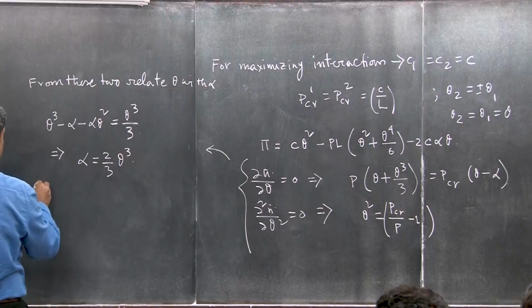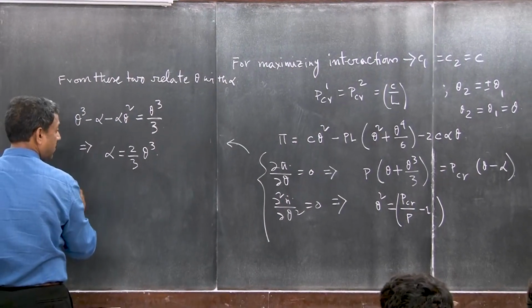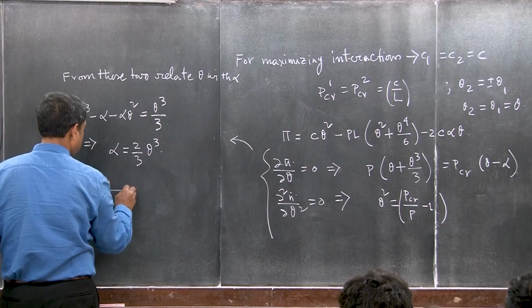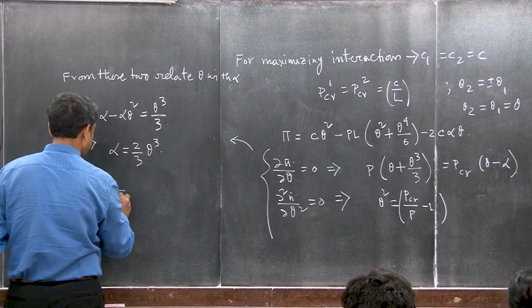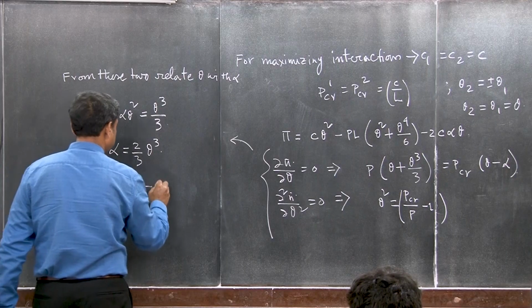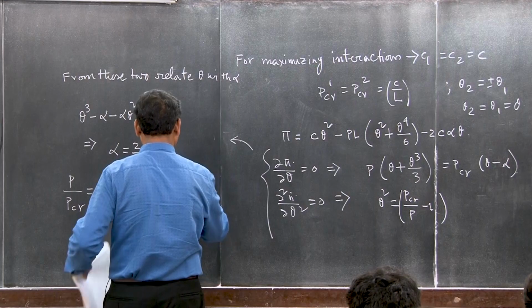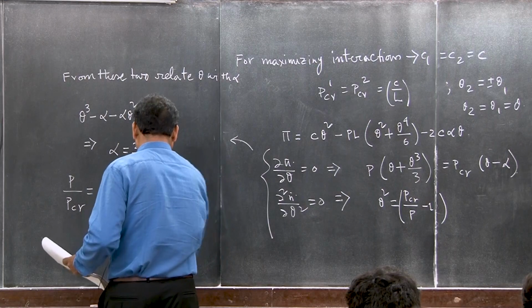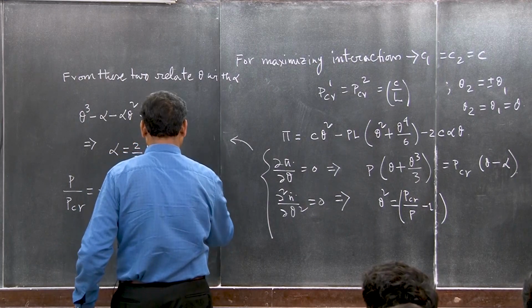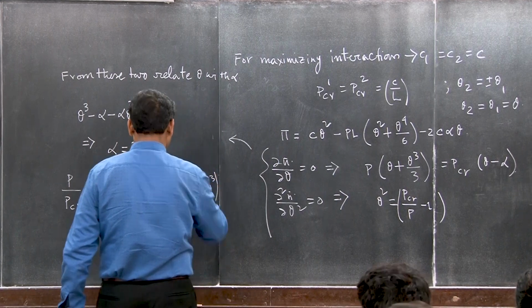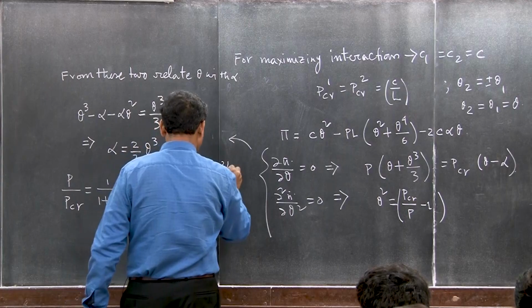So then P by PCR will be nothing but 1 divided by 1 plus theta square, which is nothing but 1 minus theta square, and then 1 minus some constant, whatever. 2/3 theta cube to the 2 by 3.